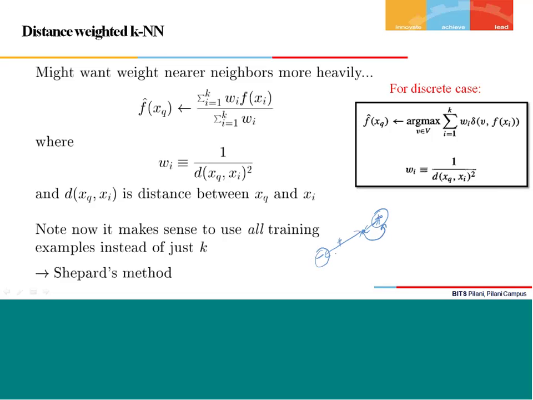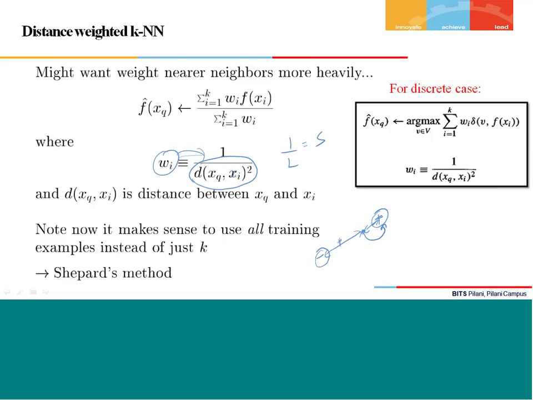The more the distance from the query point, the less weight it gets. If the distance is very large, then 1 upon very large is very small, so the weight is inversely proportional to the distance.